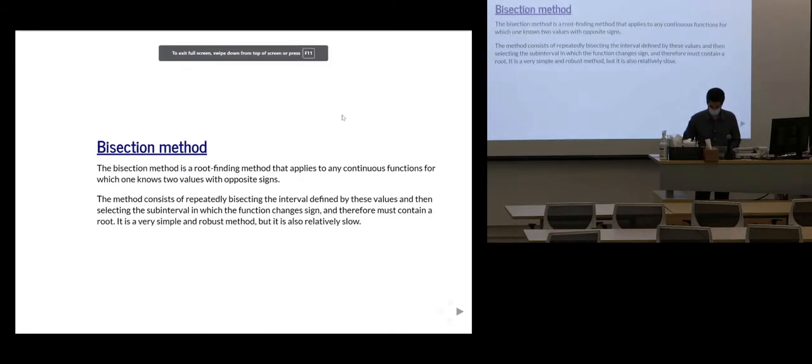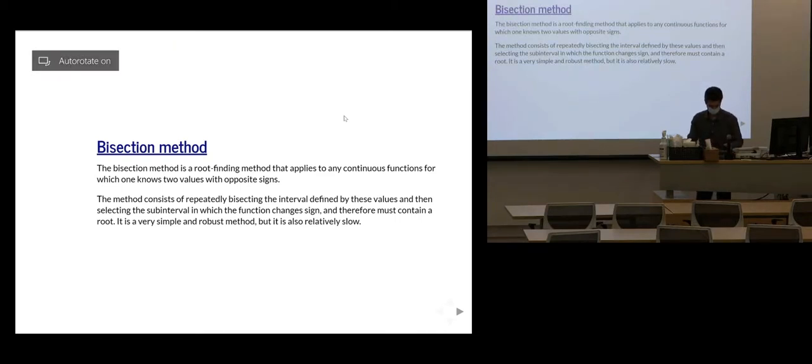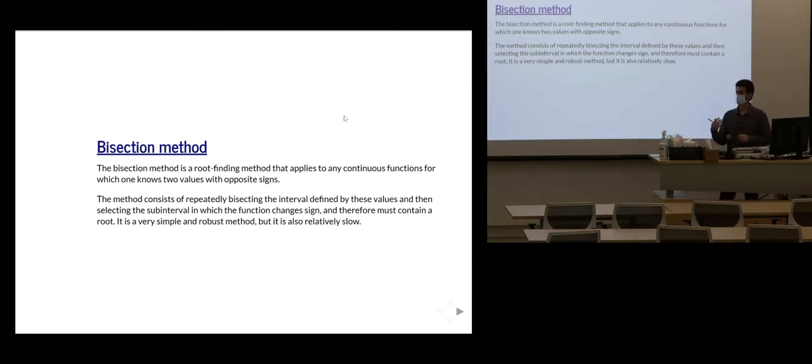All right. The first and maybe the most intuitive algorithm to find a root is called the bisection method. This is a root finding method that takes a continuous function and repeatedly divides your search interval in half, and then under some conditions continues the search.